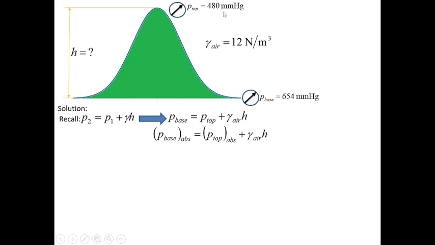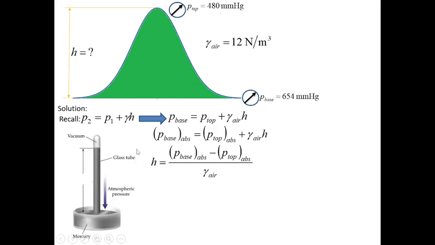Same as the pressure at the top, we have 480 millimeters of mercury, so that will also be our absolute pressure at the top. In this case, we are interested in determining the height of the mountain, so we subtract the absolute pressure at the base minus the absolute pressure at the top, all over the unit weight of air.